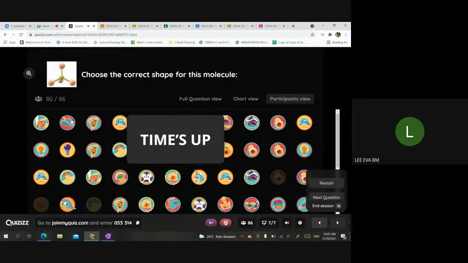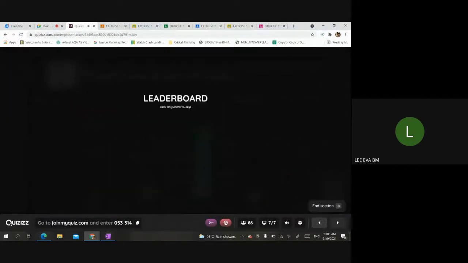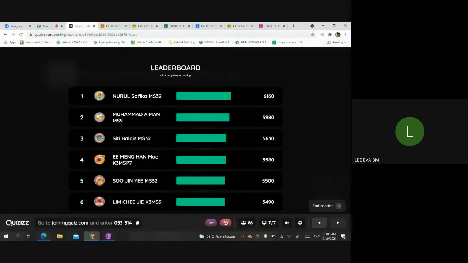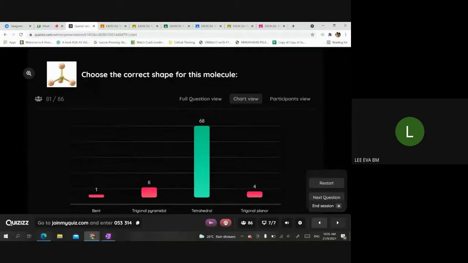Basic shape dia. Congratulations for those who are on the leaderboard here. Right, so the correct answer, well done. Most of you got it correct. So we have the original basic shape because all the atoms are there and we don't have any lone pair. Okay, so the shape is tetrahedral.